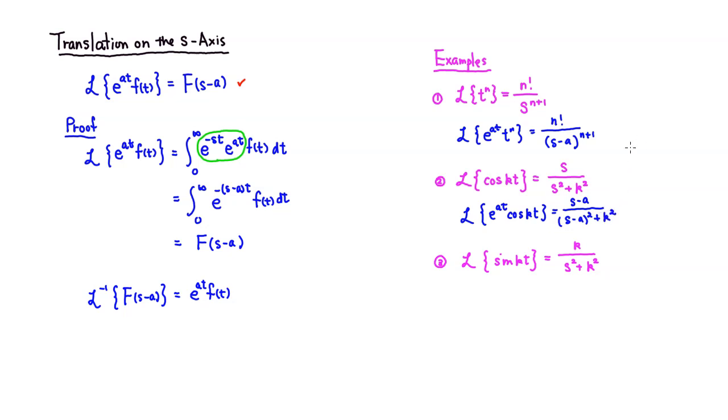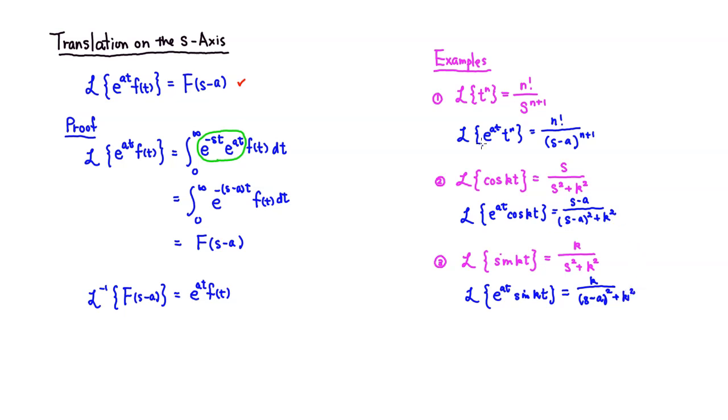You can do the same thing with the sine. The Laplace transform of e to the at sine of kt is equal to k, which is the same, over s minus a squared plus k squared.